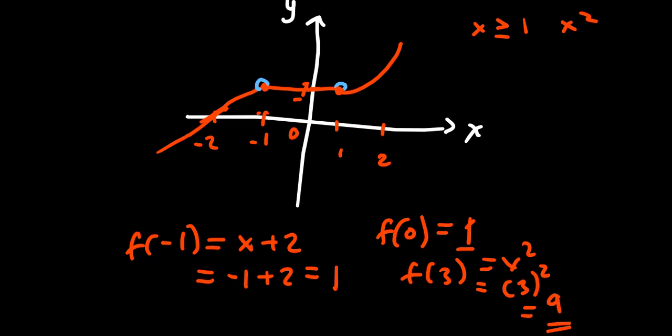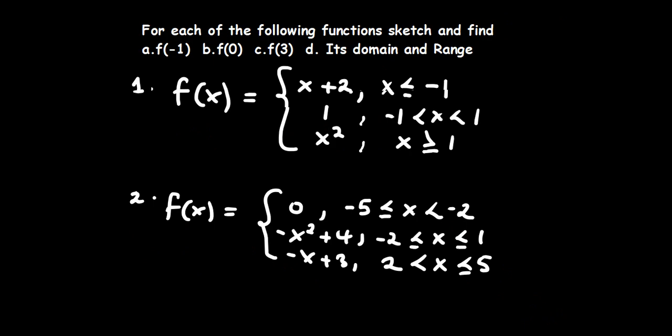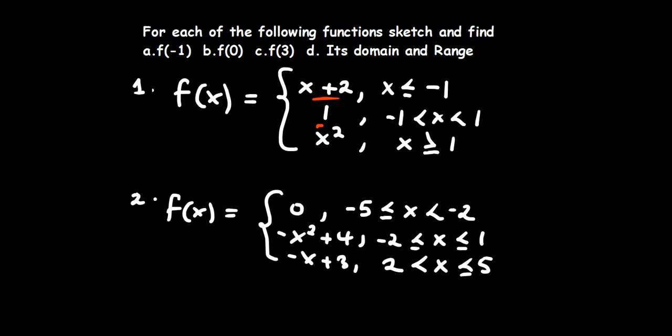Now the last part says find the domain and the range. So when we combine the domains of this one and that one and this one, we'll get the domain of the entire piecewise function. We see that x plus 2 is defined everywhere.